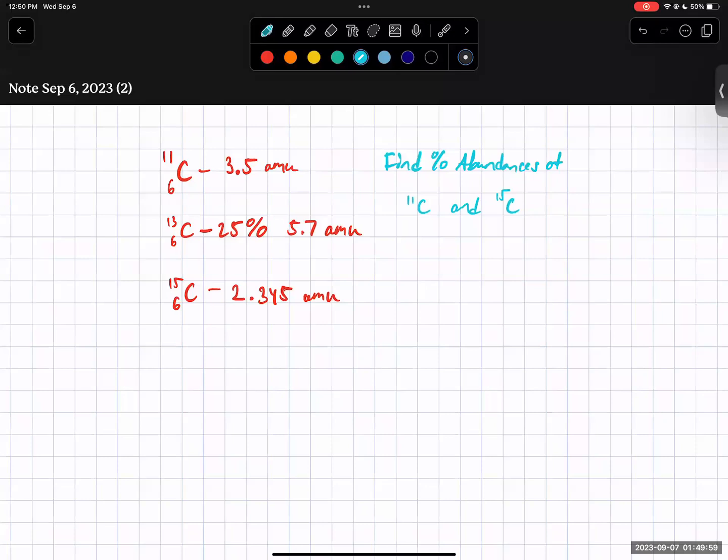It's one bracket plus the other one. No, it should be these multiplied by. Oh, and then so this is probably 100%, right? And then the other two have to equal 75.